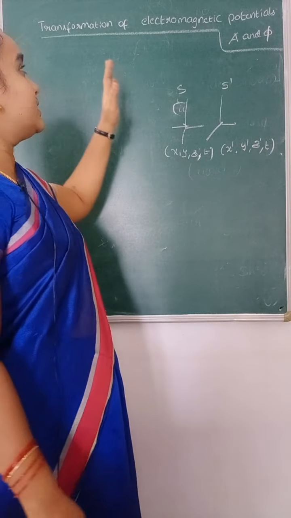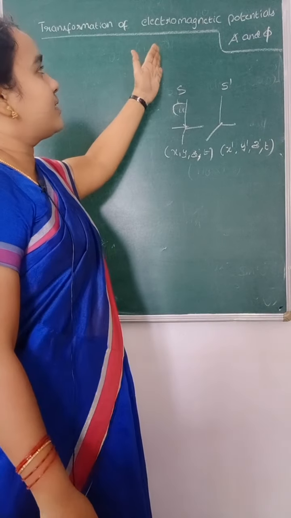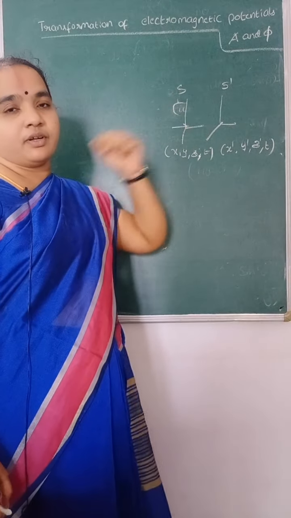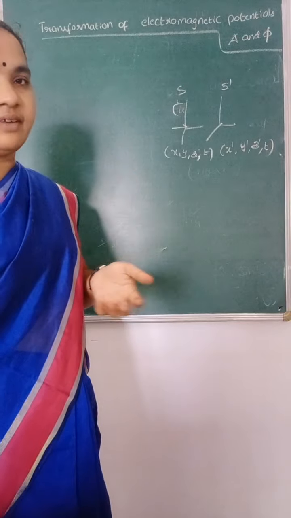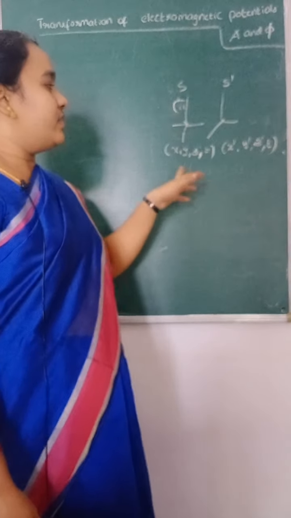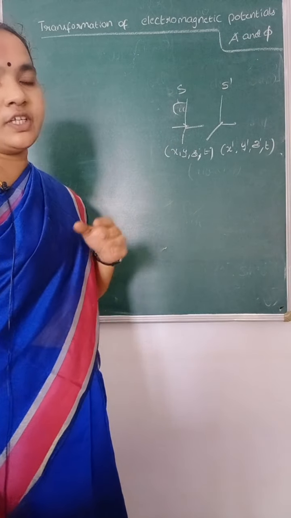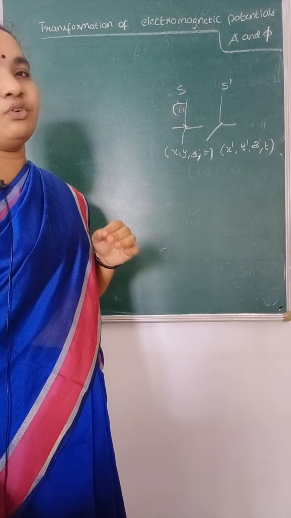In these transformations of all the electrodynamic parameters, such as electromagnetic potentials, electromagnetic field vectors and Maxwell's equations, we will define the four vectors. So this transformation is associated with a four vector.